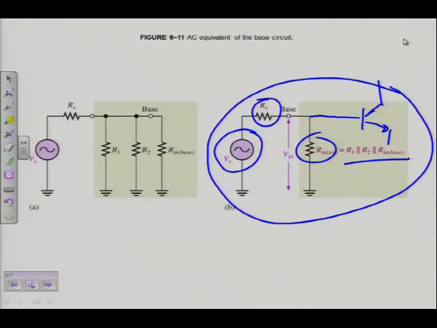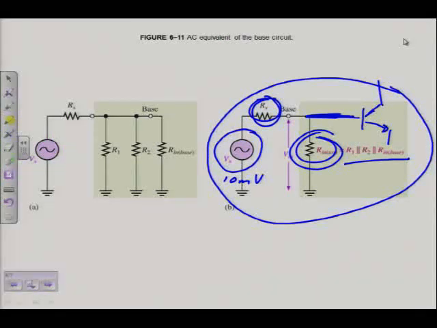Can you see that? Say for instance I have a 10 millivolt signal. I have an R1 and I have an R2. Is all of that 10 millivolts going to get to the base? Of course not, because it's a voltage divider. Those two resistances are going to divide the voltage.